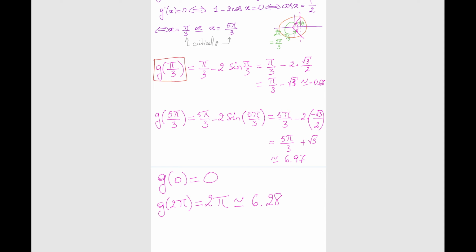This guy is the global minimum, because that's the lowest the function reaches, at pi over 3. And this guy, which is approximately 6.97, is a global maximum. That's what I can say at this point.